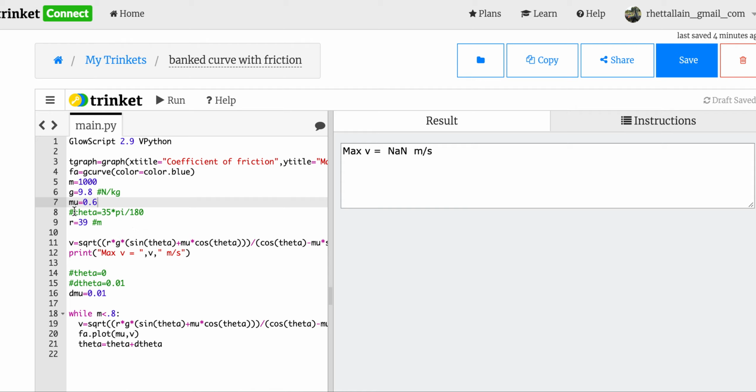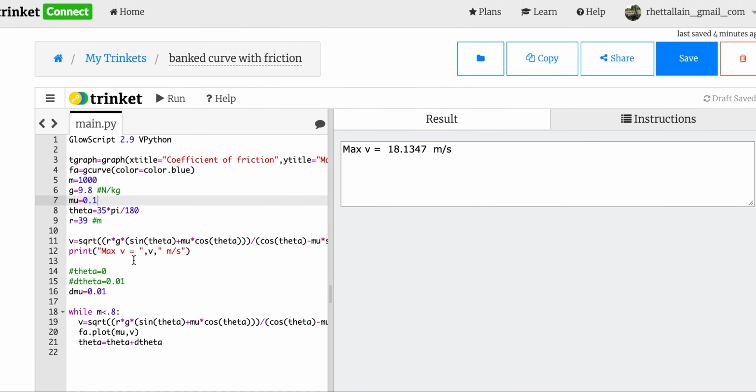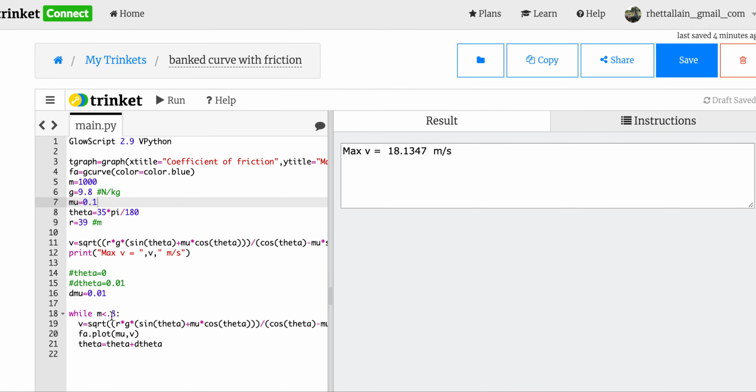Oh, I don't have theta. I cancel. Aha! I turned theta off. Okay. But now it's not plotting. Why? Oh, while mu is less than 0.8. Mu is 0.1. Oh, I never increased mu. I'm such a dummy. Mu equals mu plus d mu.